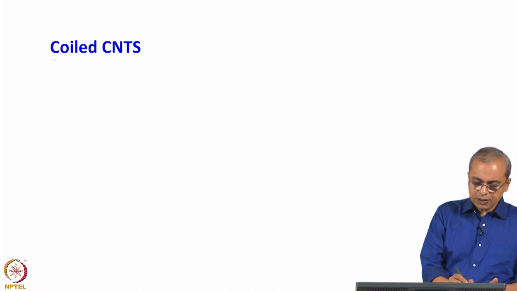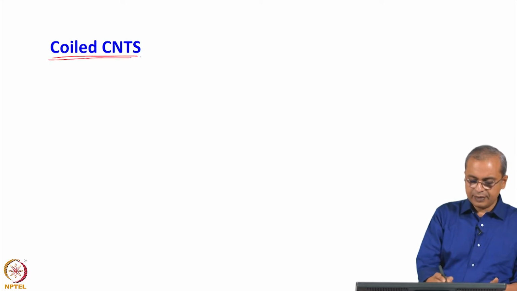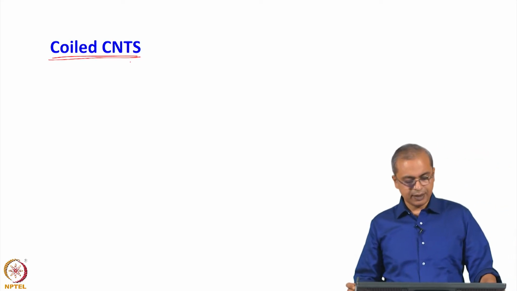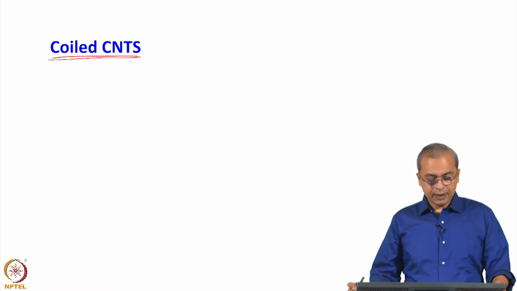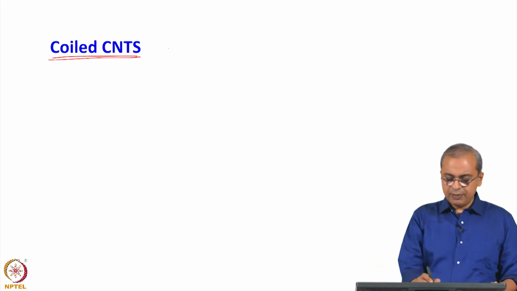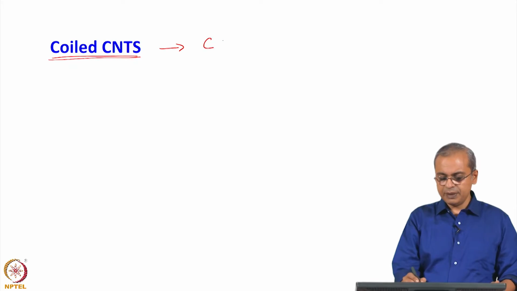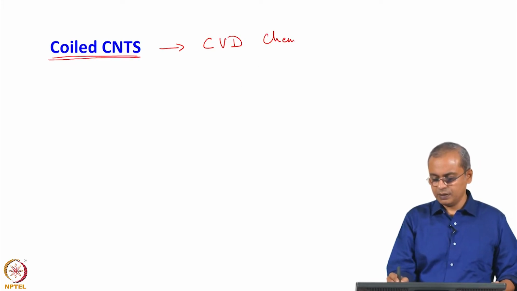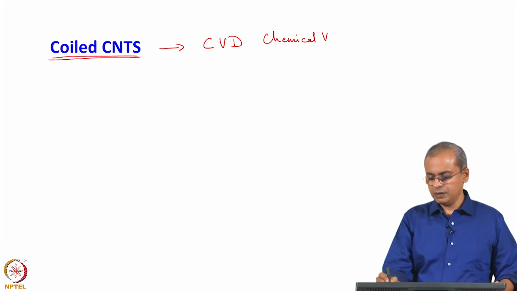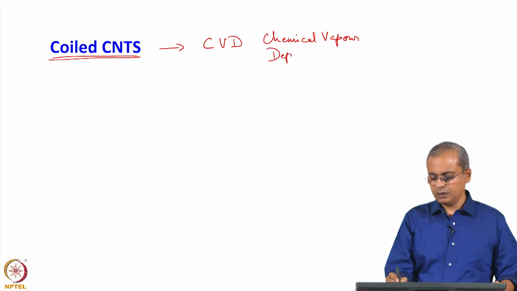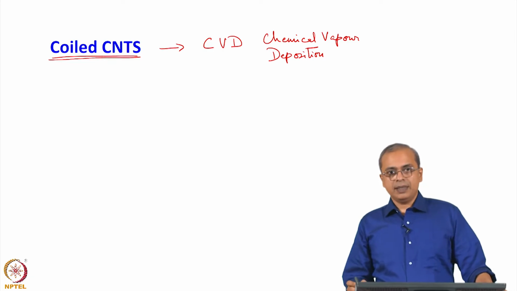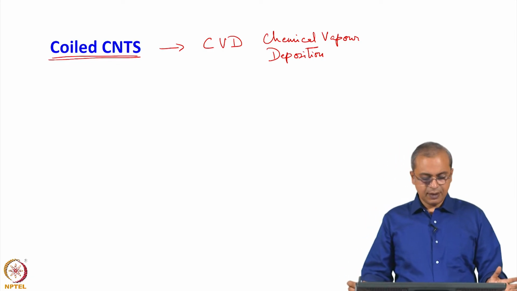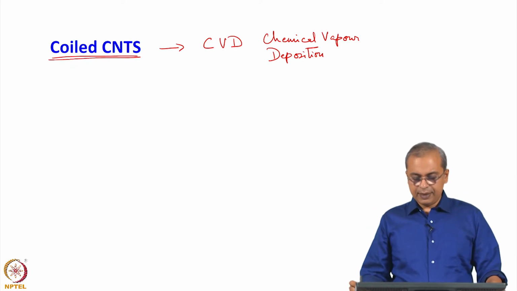Another possibility is coiled CNTs, CNTs being carbon nanotubes. This is often seen from the CVD process, chemical vapor deposition. The chemical vapor deposition synthesis process will give us coiled CNTs.